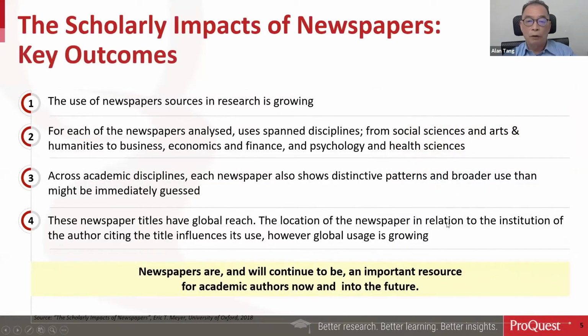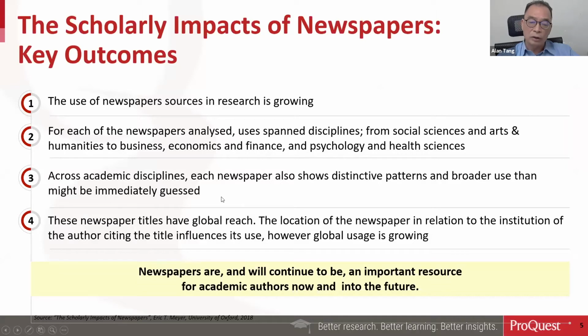The outcome of this research is that the use of newspaper sources in research is growing a lot. For each of the newspapers analyzed, users span disciplines from social science, arts and humanities, to business. All different kinds of disciplines were covered.